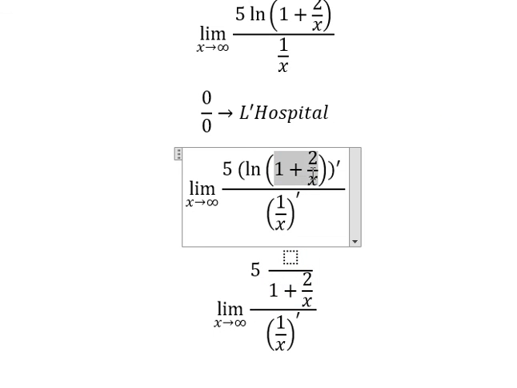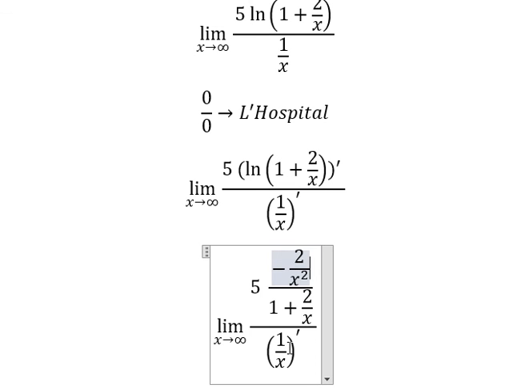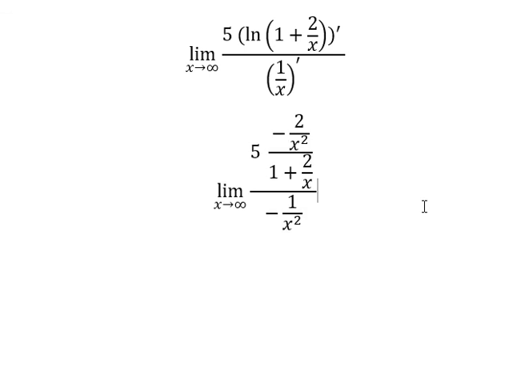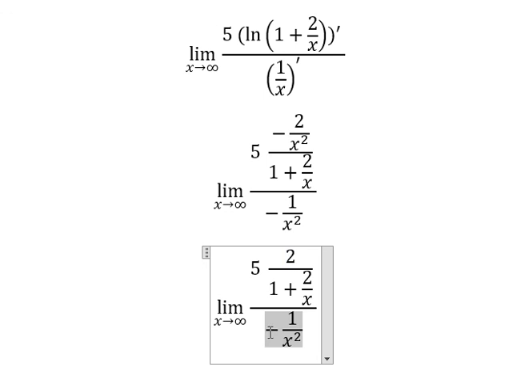Later that we do first derivative of 1 plus 2 over s in here, and you got about negative number 2 over s squared. This one you got about negative 1 over s squared. Now we need to simplify negative 1 over s squared on numerator and denominator. And now we just have this one left.